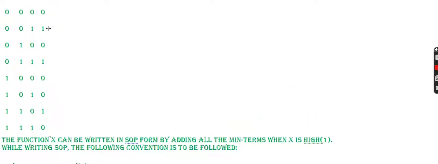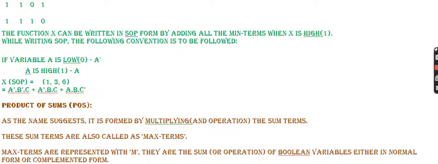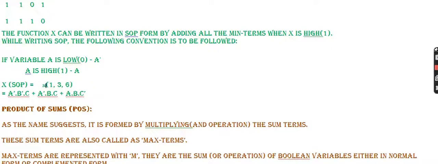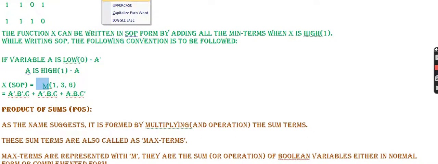According to this truth table, 1, 3, 6, the active high output is in the place of 1, 3, 6. That is the min terms of 1, 3, 6.